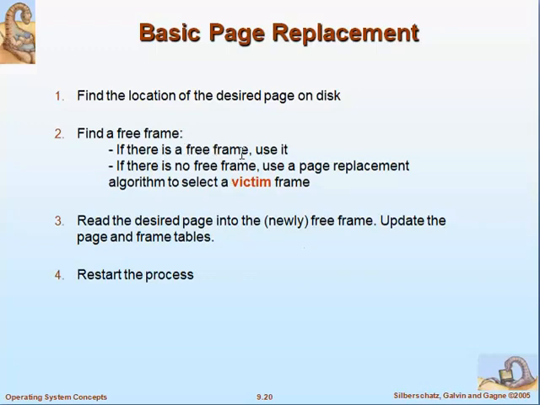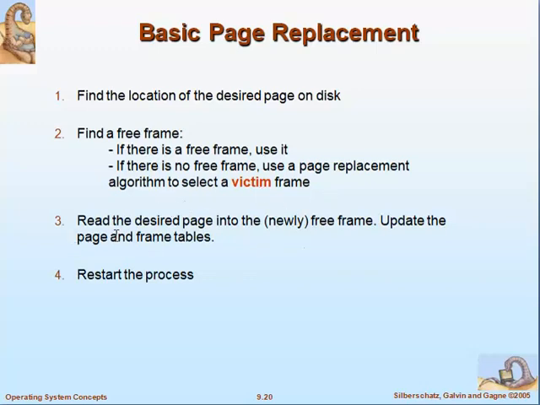If we have a free frame, there is no problem. The desired page is loaded onto that frame, and accordingly the page table will be updated. If a free frame is not available, using a page replacement algorithm we have to find which particular page among those frames has to be selected for swap out. We call it the victim frame, and it will select the victim frame and swap it out of the memory.